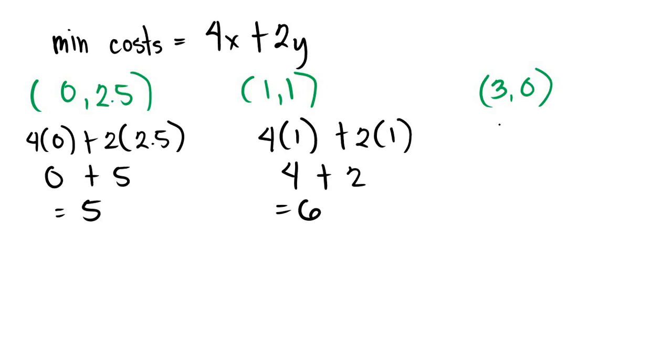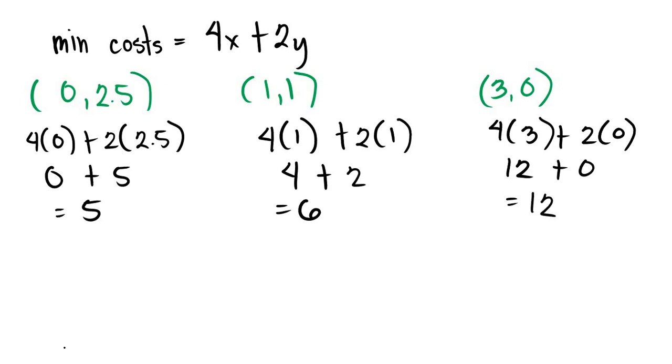And for 3 and 0: 4 times 3 plus 2 times 0, that would be 12 plus 0, or simply 12. So the minimum cost would be at point 0 and 2.5, where our computed result was 5.